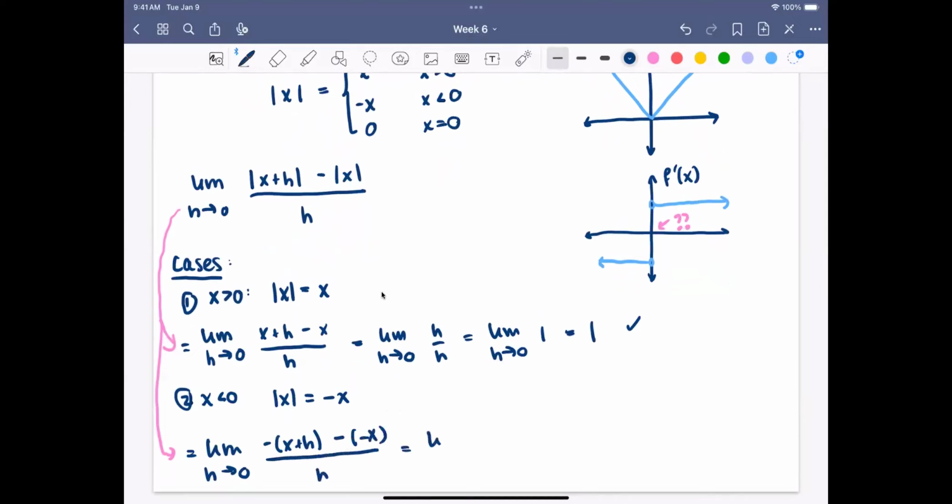How does this simplify? We get the limit as h approaches 0 of minus x minus h plus x, divided by h, which is the limit as h approaches 0 of minus h over h, which just gives us the limit as h approaches 0 of -1, which is -1. And that's also what we expected from the picture we drew.